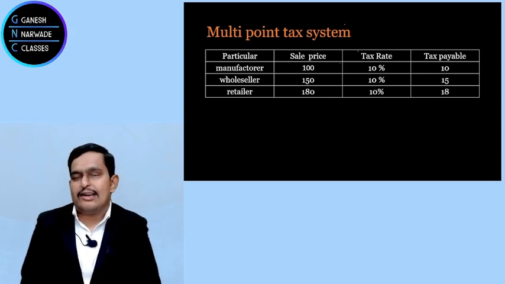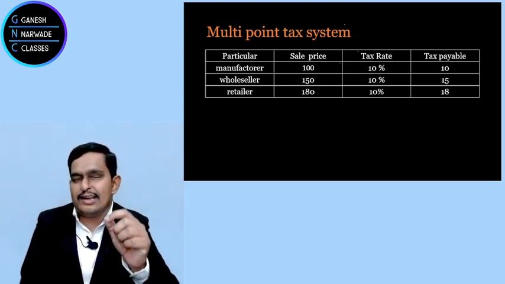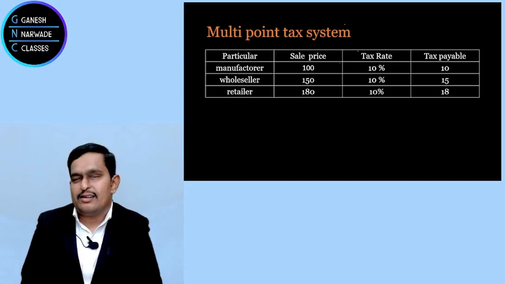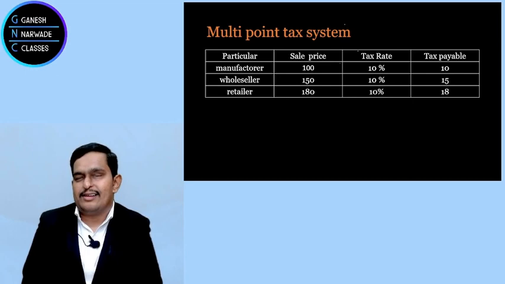So 100 rupees is taxed at the manufacturing stage. Again when the wholesaler sold, in that 150, 100 is included or not? Included. So that 100 is again taxed. Now the wholesaler paid tax on 150, 10%, 15 rupees. Now the retailer purchased for 150 and sold it for 180.